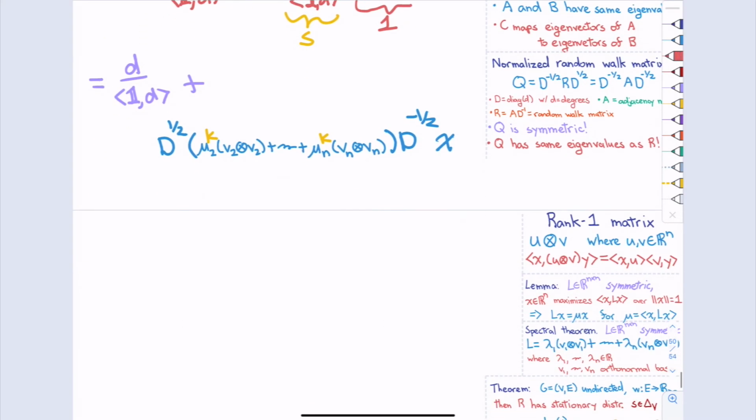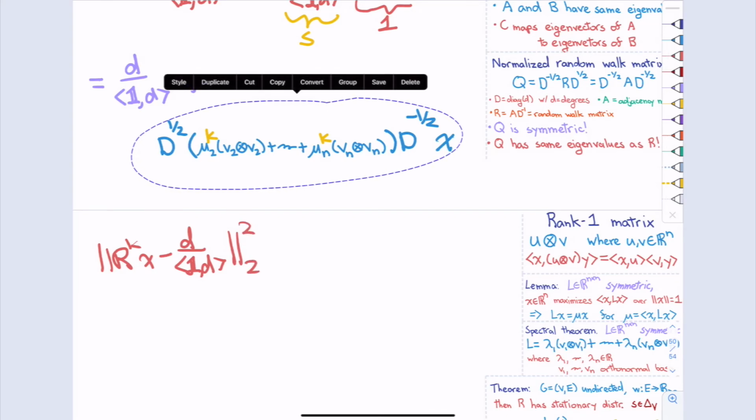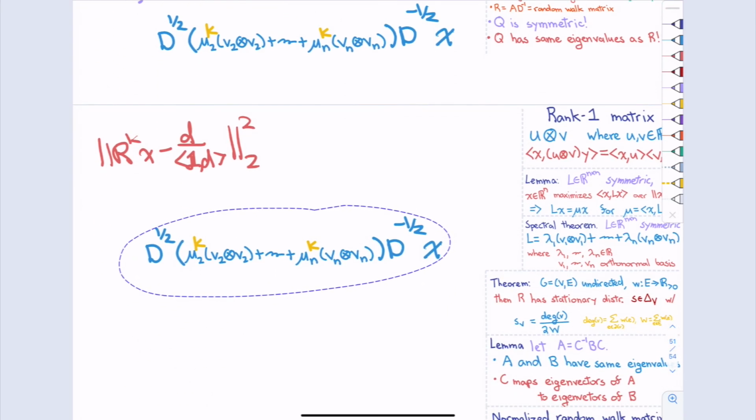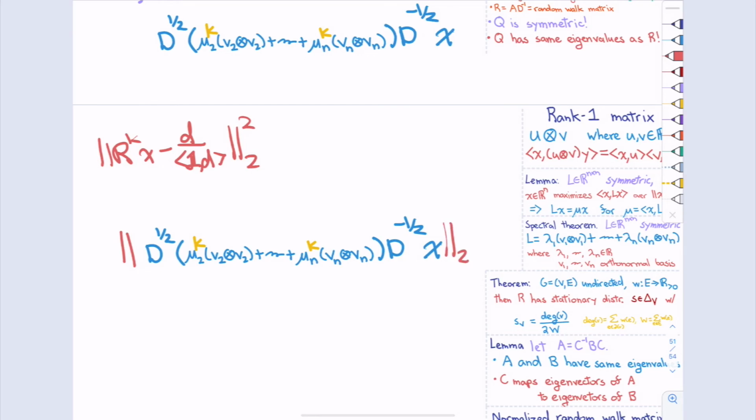To formalize this, if I wanted to look at R^K x minus the stationary distribution, and measure the L2 norm squared, then you're looking at this crazy thing.